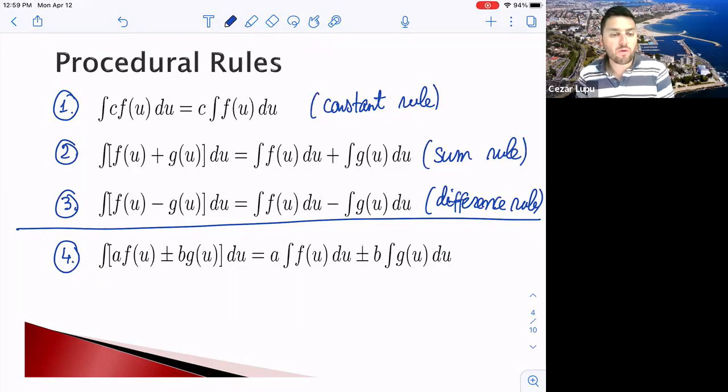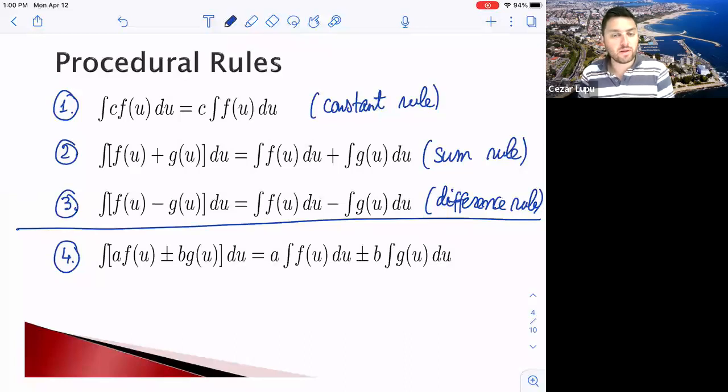And well, okay, 3, but you can see, if something works for the sum, it should also work for the difference, right? Because the difference is nothing else than just the sum. When you say f of u minus g of u, it is nothing else than f of u plus negative g of u, so it's the same thing.